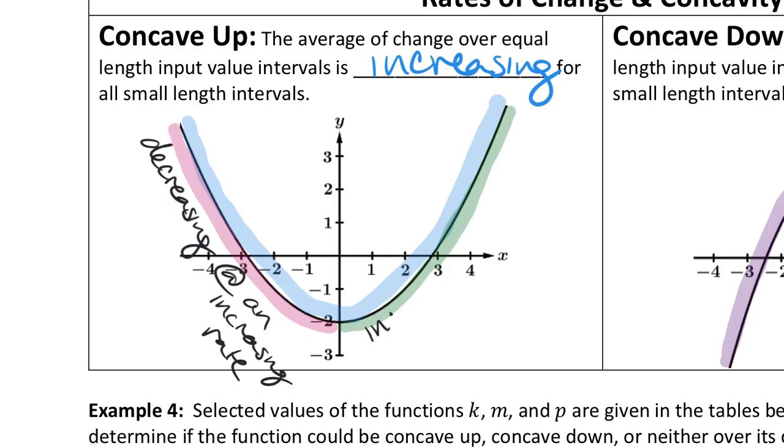Yeah, this part is increasing at an increasing rate. It's kind of crazy. So remember, the rates increasing and decreasing comes from concavity. The function increasing and decreasing comes from the slopes of the secant lines created by intervals on that side.